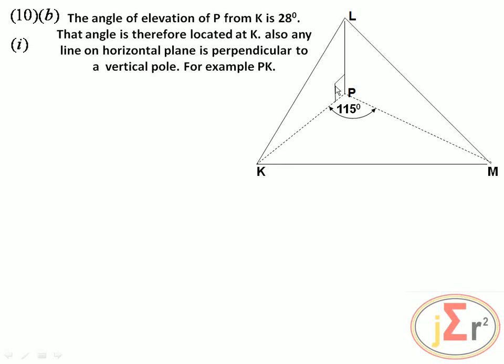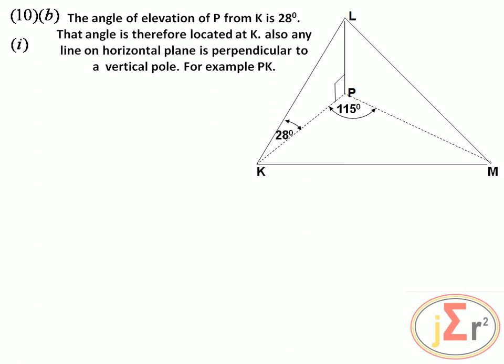So this is a right angle. All of these lines, these 3 lines are on horizontal ground, and this is a vertical pole. Any line like this on the ground that meets the pole will therefore be a right angle, because vertical and horizontal meet at right angle.